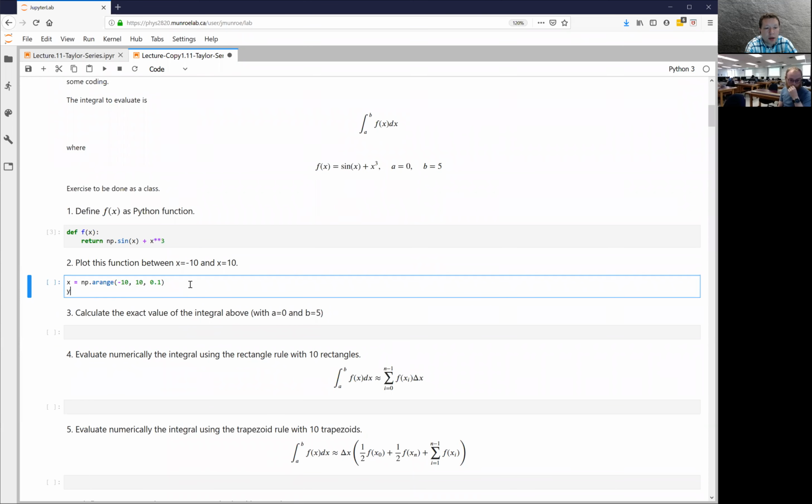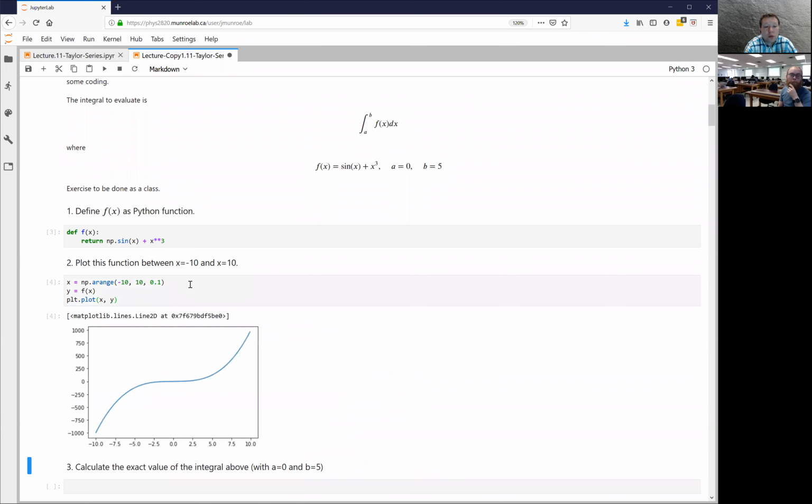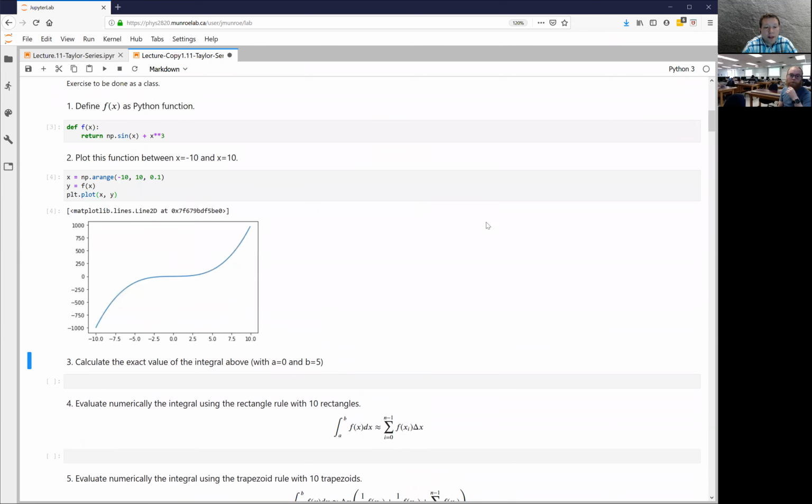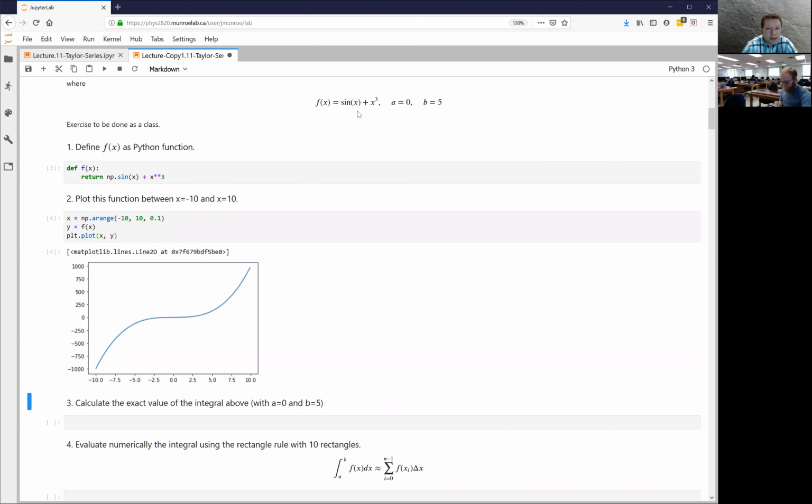Once you have that array, you can use the function you just defined to evaluate at every point x, and then make a plot of x versus y. So there we go. Hopefully that's what you're seeing. This is what the shape of this particular function happens to be. It's very flat near 0, and it goes up fairly large and goes down fairly large. That's the function sine of x, x cubed, all the way through.